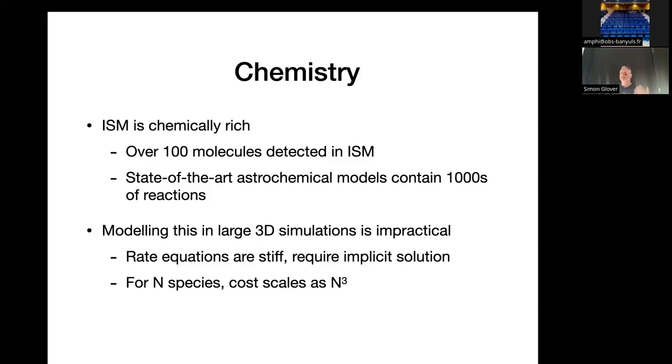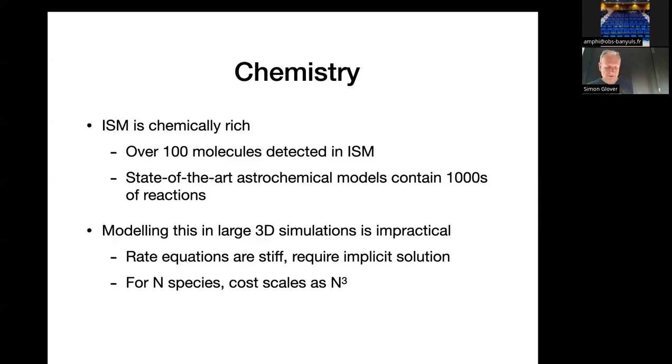And the problem is that chemical rate equations are what's called stiff. What I mean by that is if you have a coupled set of ODEs that are stiff, they contain multiple different characteristic timescales, which have very different sizes. So you have some components of your solution which change on very short timescales and some components which change on very long timescales.